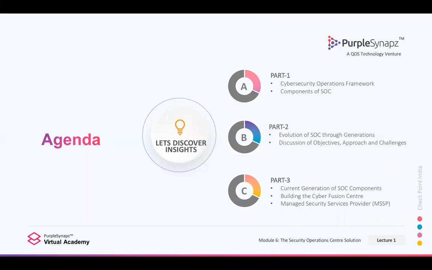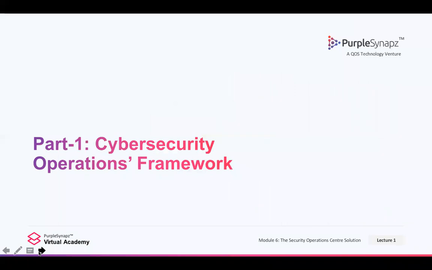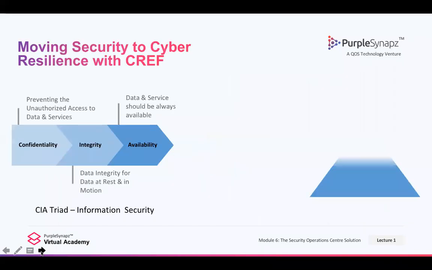Okay. So as we are starting part 1 right now, we are going to talk about the cybersecurity operations framework, and this may give you some references to what we discussed in our previous session, where we talked about how cybersecurity 2 decades ago used to be called the CIA triad, where confidentiality, integrity, and availability is what it stands for.